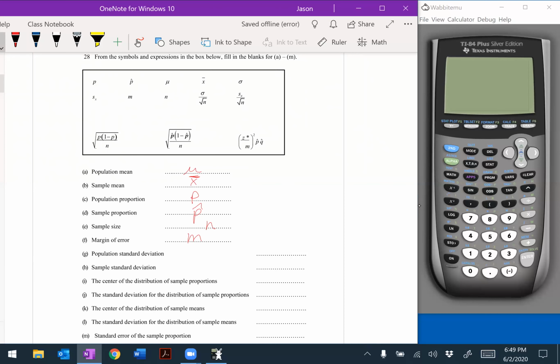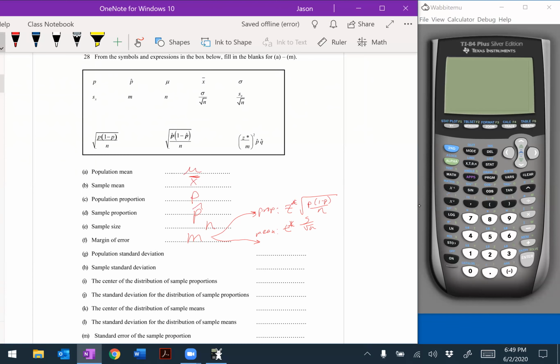Oh, M. Sometimes it's used as M. It has two formulas, depending on if you're using proportions or means. For proportion, the margin of error is Z star times the square root of P times 1 minus P all over N. For the mean, it's T star times S over the square root of N. None of those are there, but M is the symbol for margin of error.